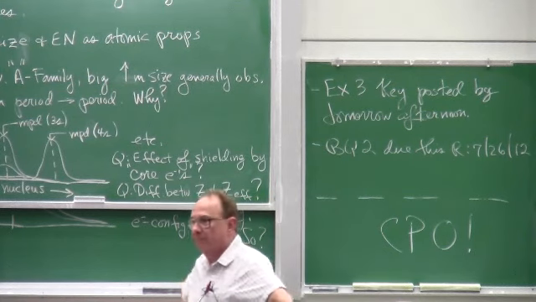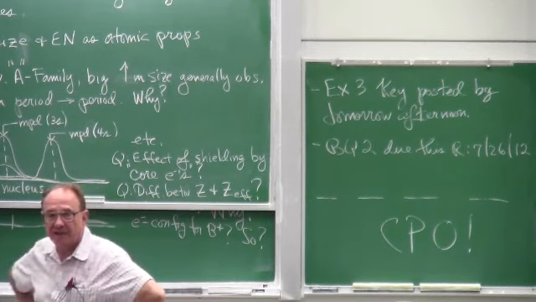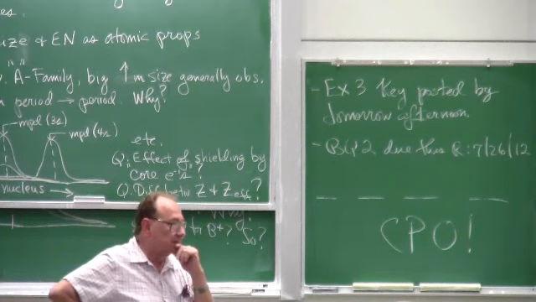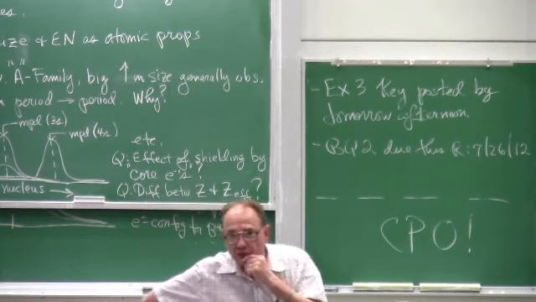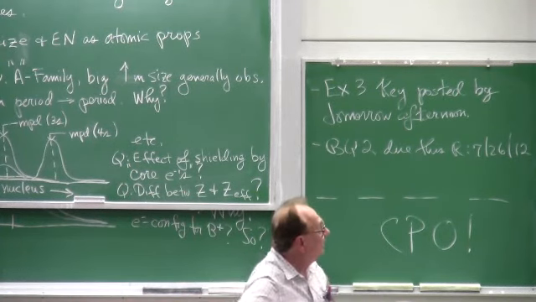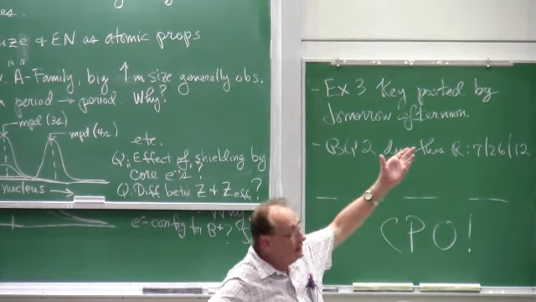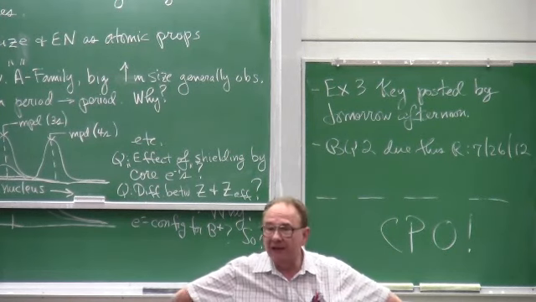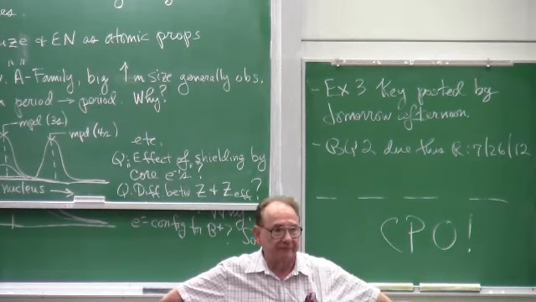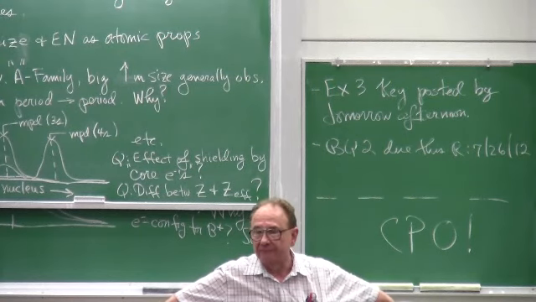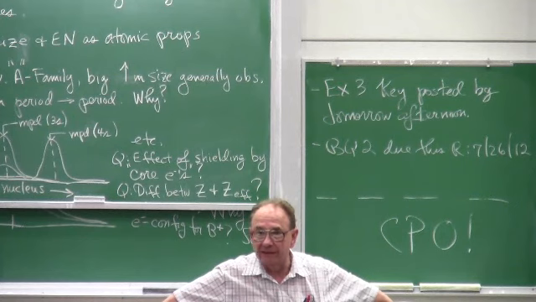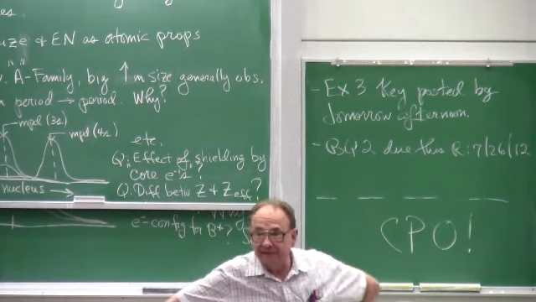Now, I trust you recognize that this trend is in some ways unusual, at least when you first think about it, because lithium, how many electrons total? 3. How many nuclear protons? 3. Neon, 10 and 10.